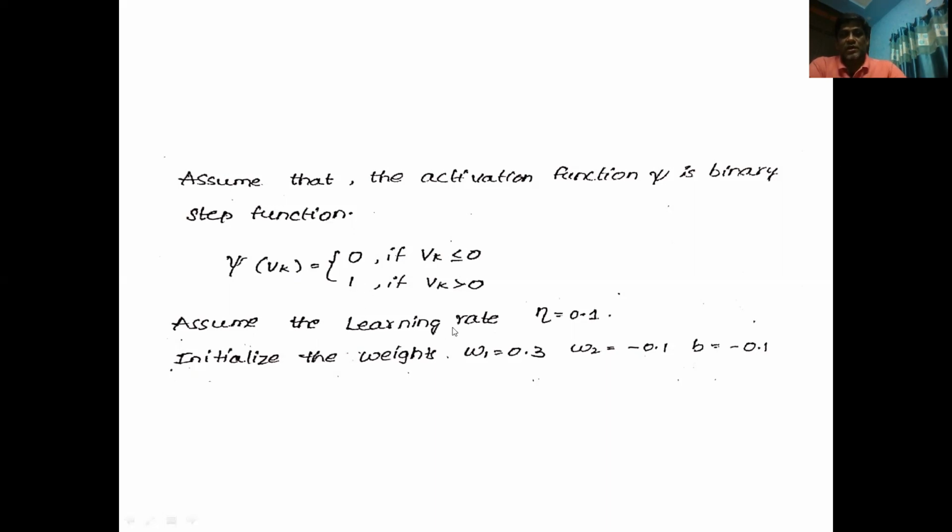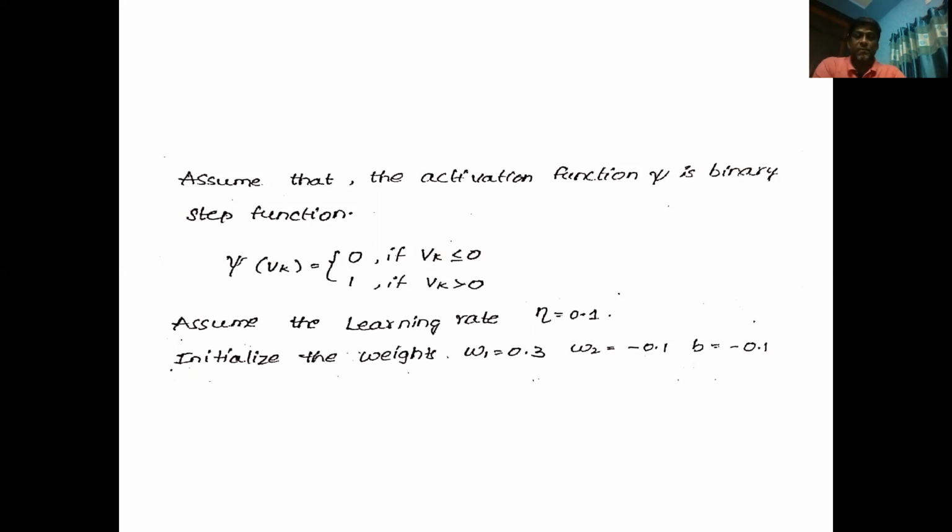We also need to assume the learning rate eta is some value between 0 and 1, so I will be assuming this value as 0.1. And weights must be initialized to some random values between 0 and 1. We assume that W1 is 0.3, W2 is minus 0.1, and bias is minus 0.1. You can take any values initially. It's not mandatory to take these values; these are random values only.